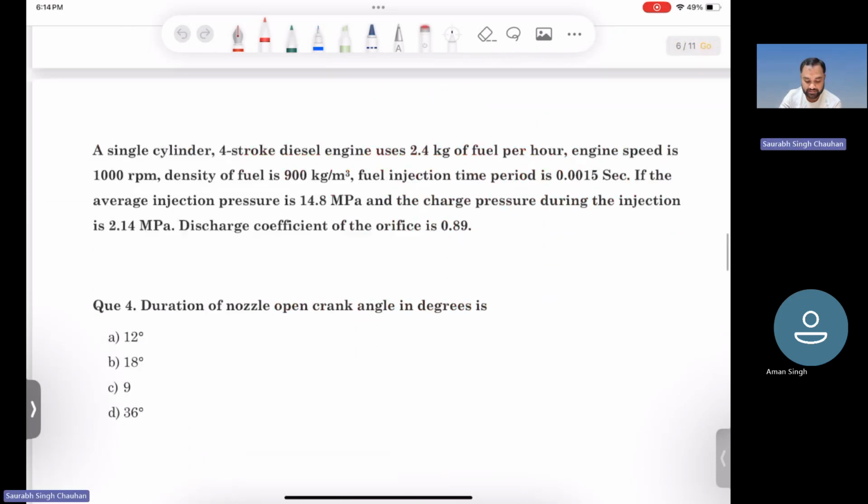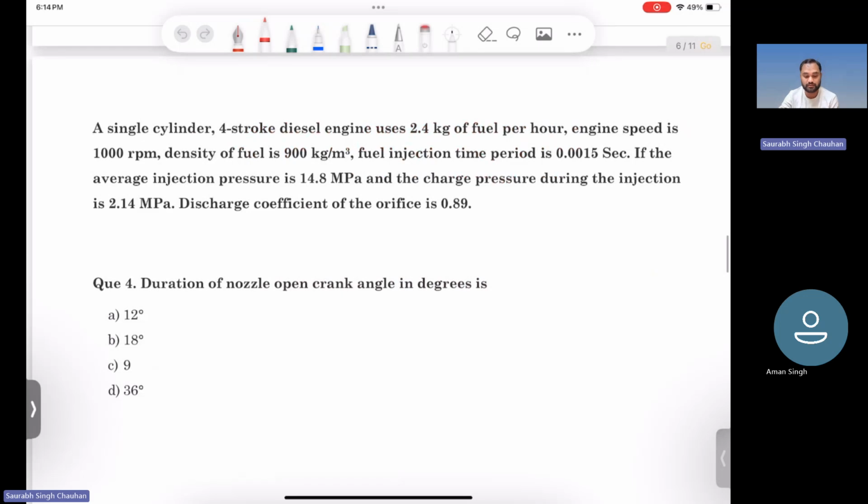If there is no doubt, then we will move to question number 4. For question number 4, we have some data. Let's read that. A single cylinder 4-stroke diesel engine uses 2.4 kilogram of fuel per hour. Engine speed is 1000 rpm. The density of fuel is 900 kilogram per meter cube.